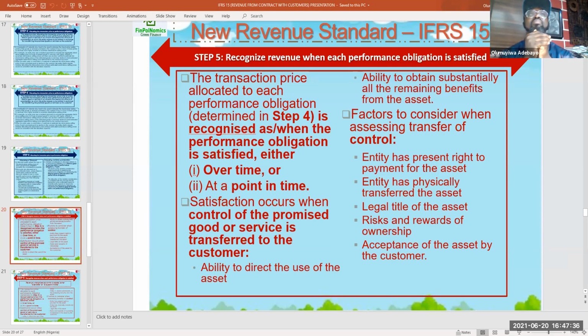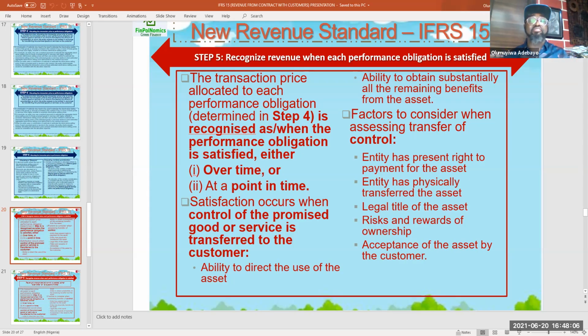Furthermore, the ability to obtain substantially all the remaining benefit associated with that asset, once it is established that it resides with the customer, means the control of the asset has equally been transferred to the customer.